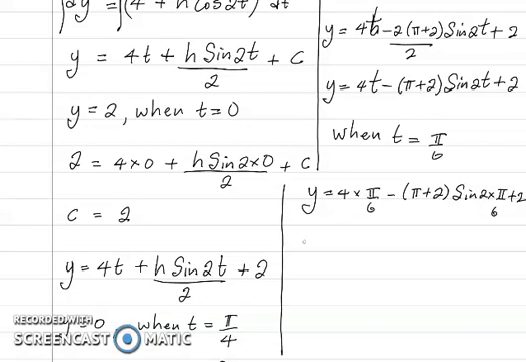All right, so y is therefore equal to 2 pi by 3 minus pi plus 2, this is the sine of pi by 3, which is root 3 over 2 plus 2.